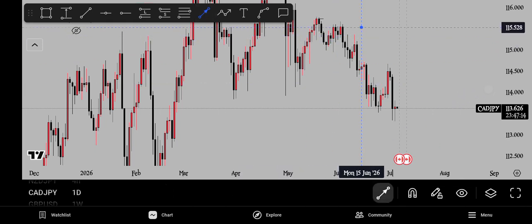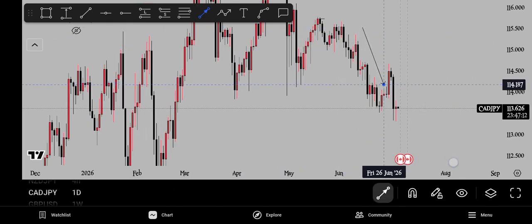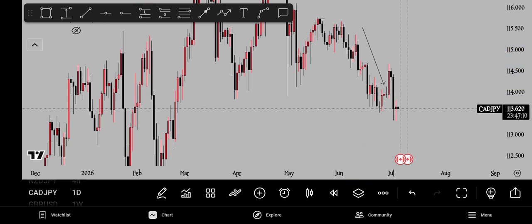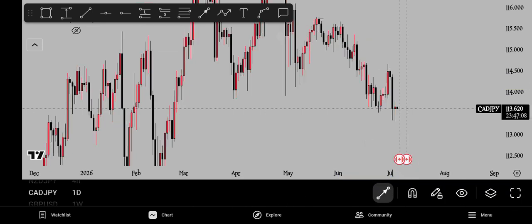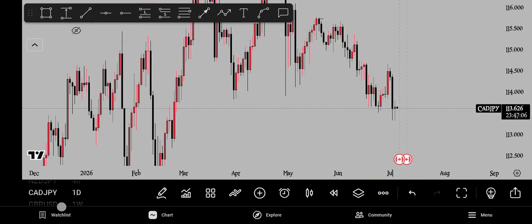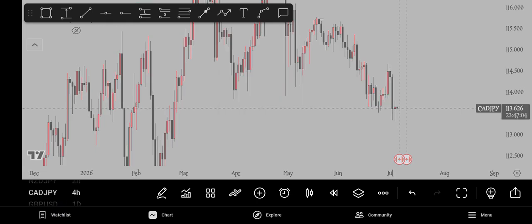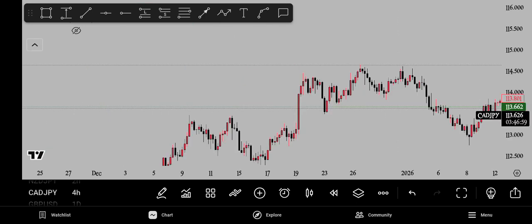So our bias was what? Our bias was bearish. Then coming to the 4-hour time frame to get a clearer structure and a POI to pick from.